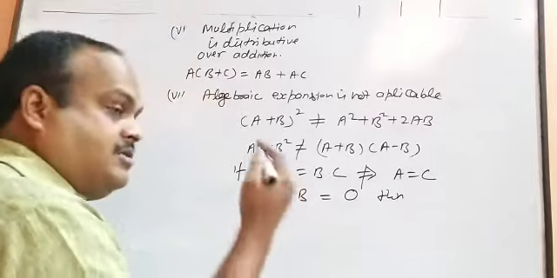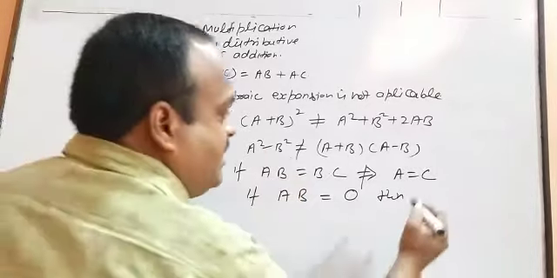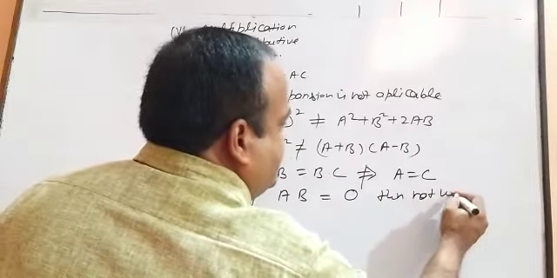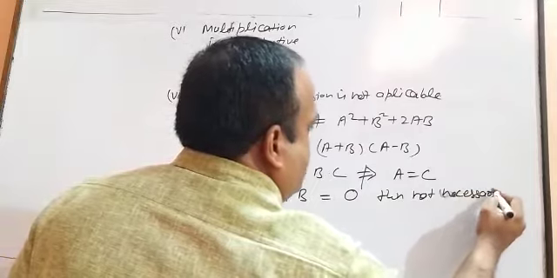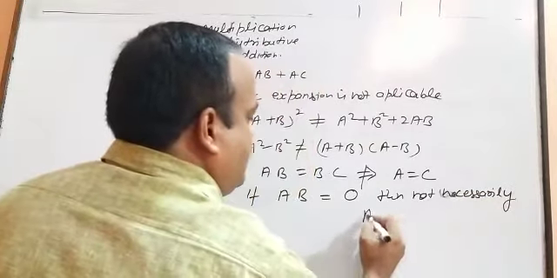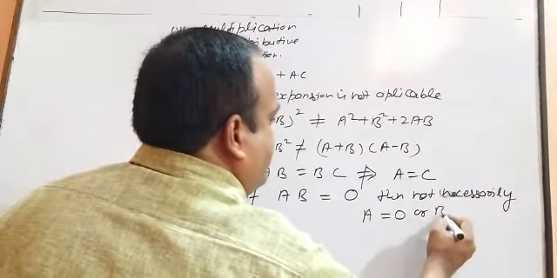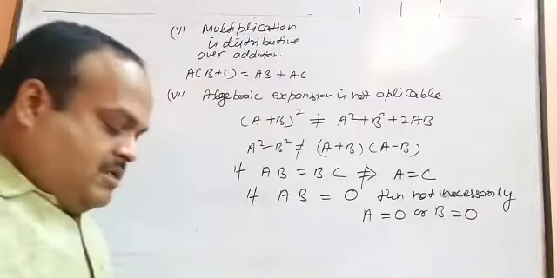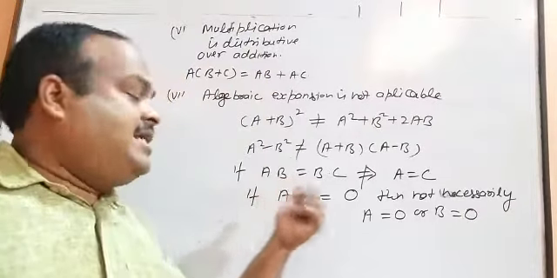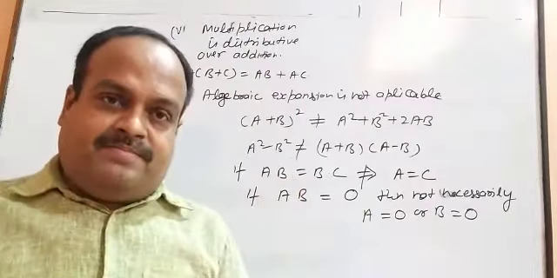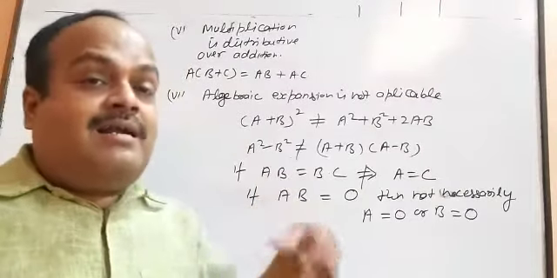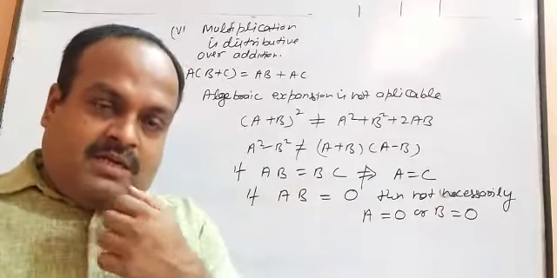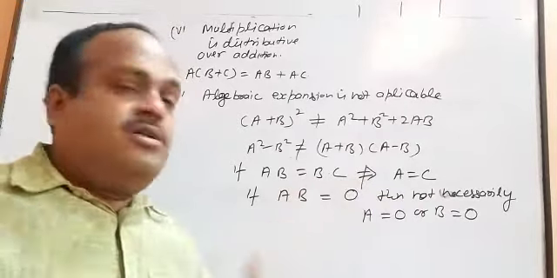But you can see, then it is not necessarily A is equal to 0 or B is equal to 0. Sometimes A and B are non-zero matrices, but when we multiply, the result is a 0 matrix.